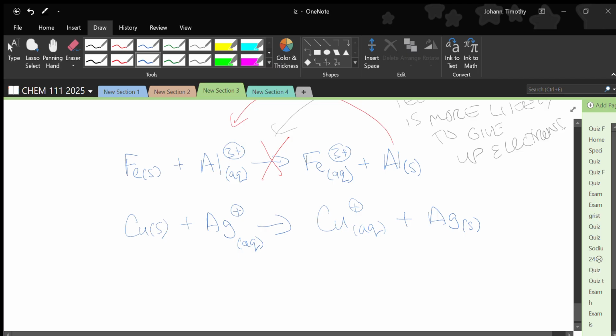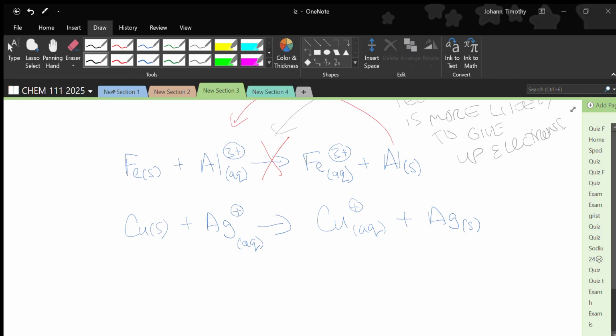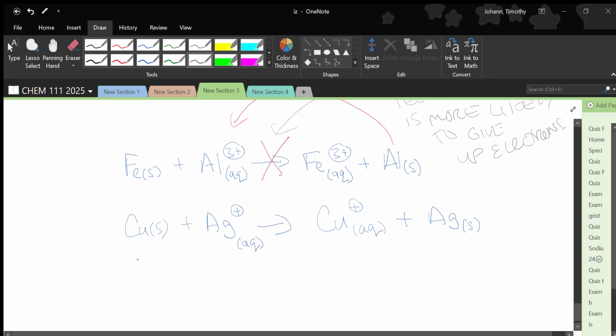Okay, so this reaction occurs. This is more likely to give up electrons. So this reaction does occur. Okay, you see how we use the table for that?